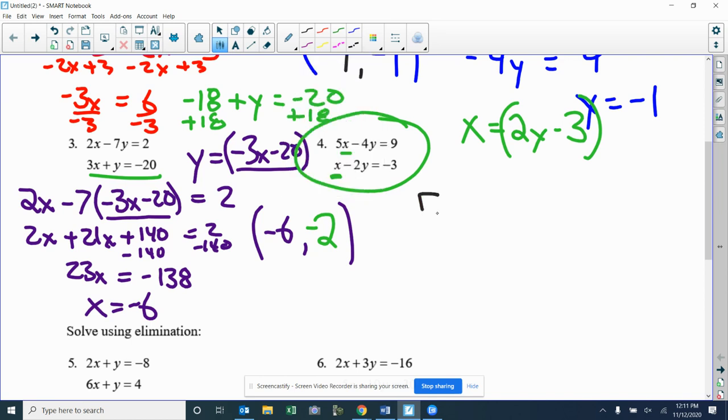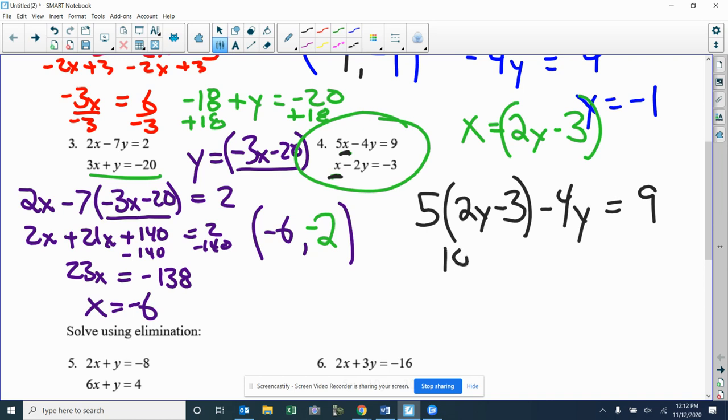Let's start a new equation, it's gonna be 5. Now, we're gonna sub in there. Minus 4y equals 9. Everybody okay? So I took the bottom one here, solved for that x, plugged it in here.